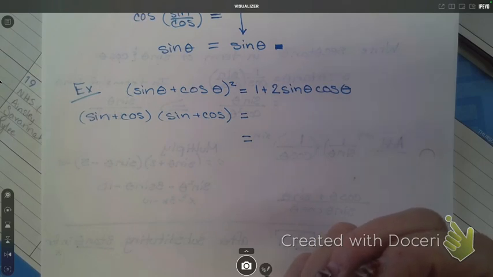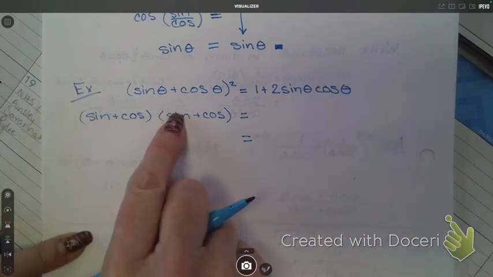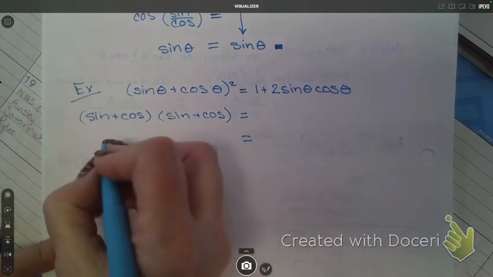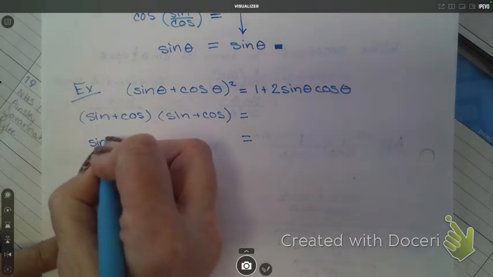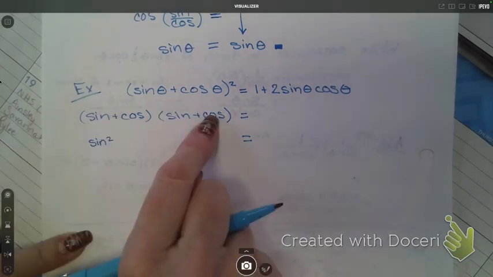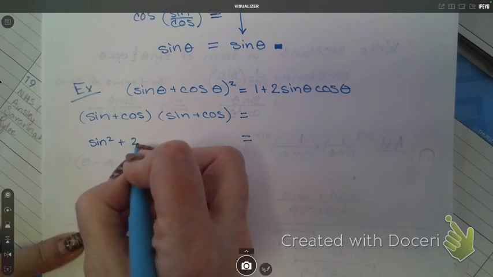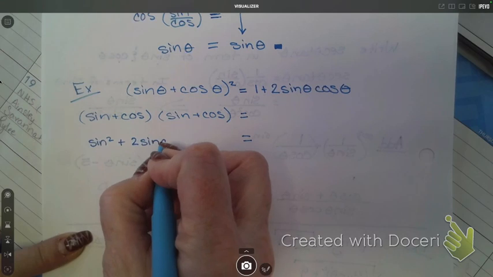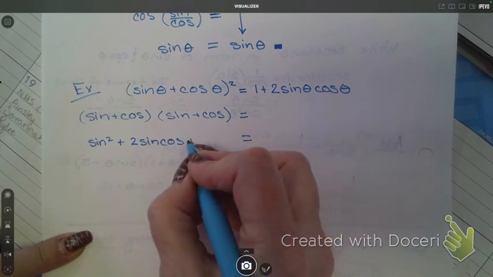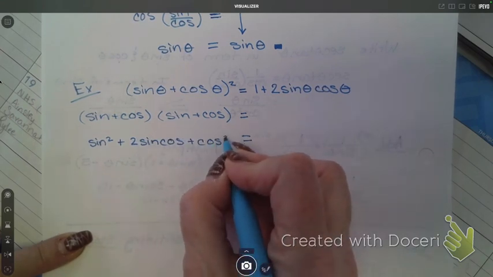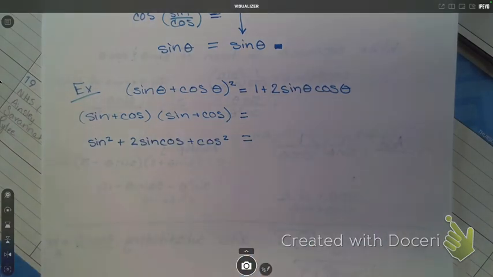And what would I get? You get sine squared, sine cosine, cosine sine, cosine squared. So I'd have sine squared plus 2 sine cosine plus cosine squared.